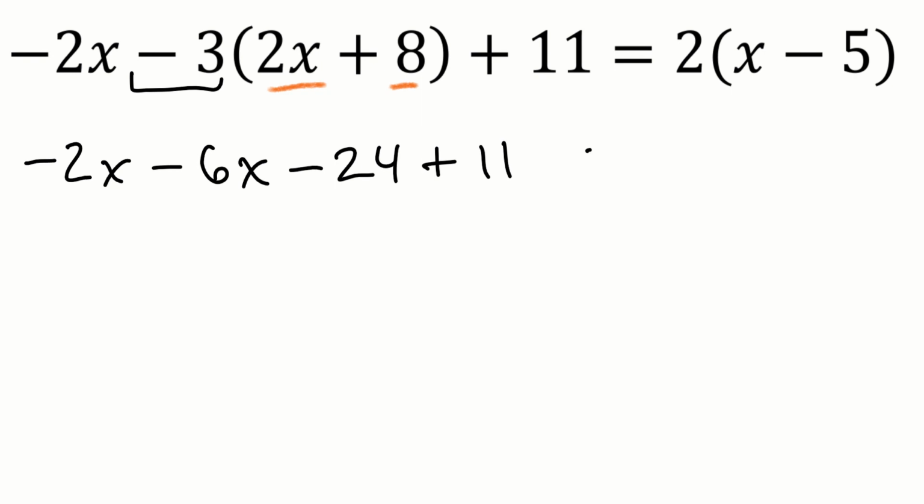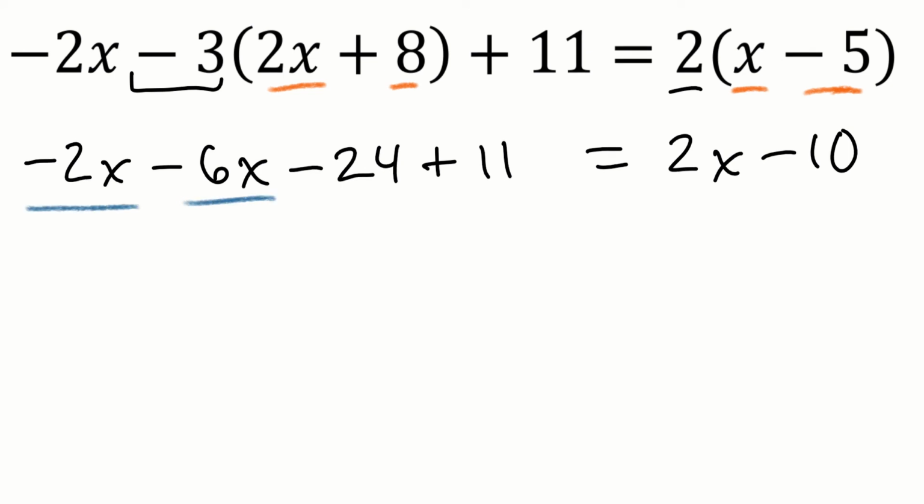Over on the other side, I'm going to distribute this 2 across these two terms. There's an x and there's a negative 5. 2 times x is going to be 2x, and 2 times negative 5 is negative 10. Over on the left-hand side, I can see that I have some like terms, right? There's negative 2x and 6x. There is also a negative 24 and a positive 11.